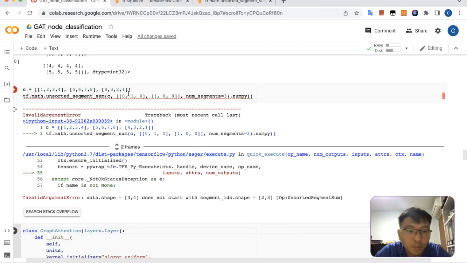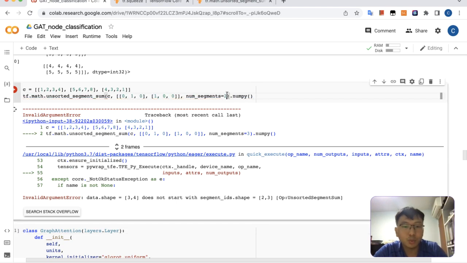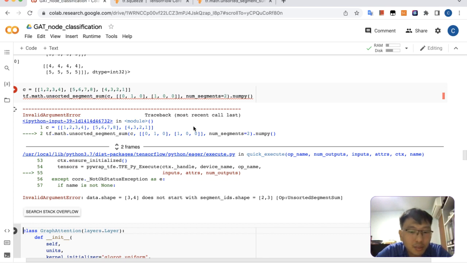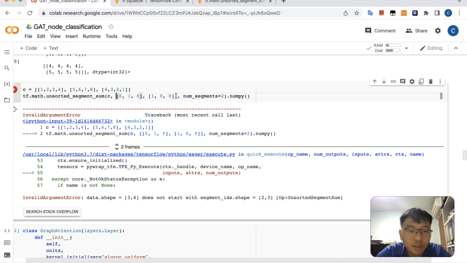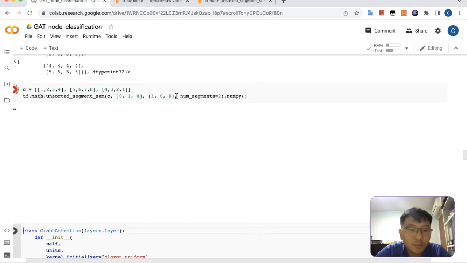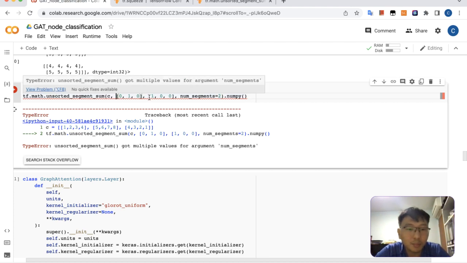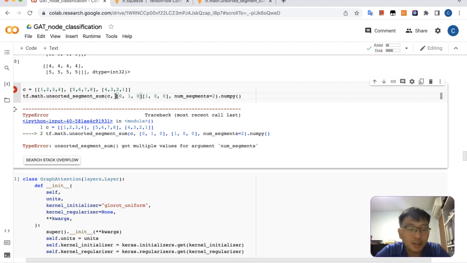So maybe I need to have like 2 segments. I'm a bit confused here. Okay, so I want to make this segment sum contain both segments. Am I doing it wrongly?